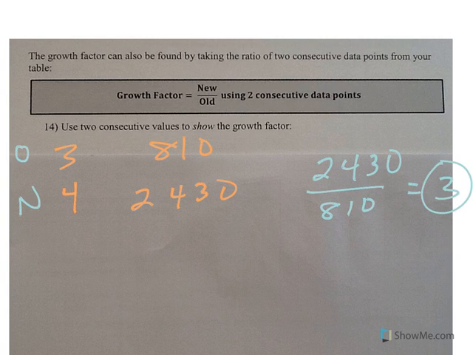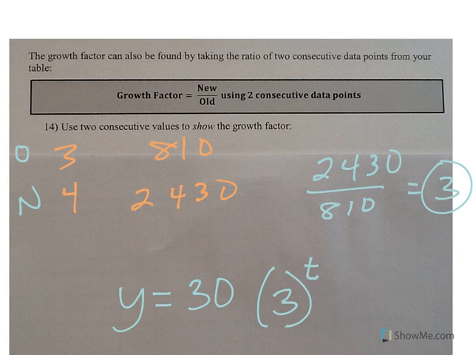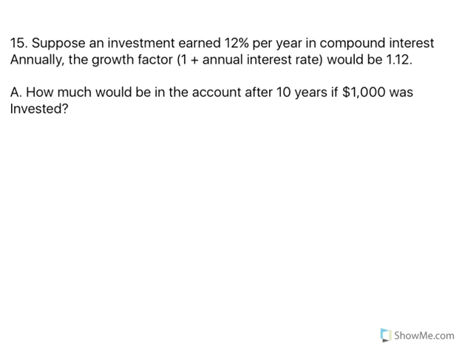So if you have data, you can always just divide new divided by old, and that will give you your growth factor. So in your formula, the 3 is what would go in, right? So we would say y equals 30, growth factor of 3 raised to the time period. Or you could use x if you wanted, and that would work for our problem.